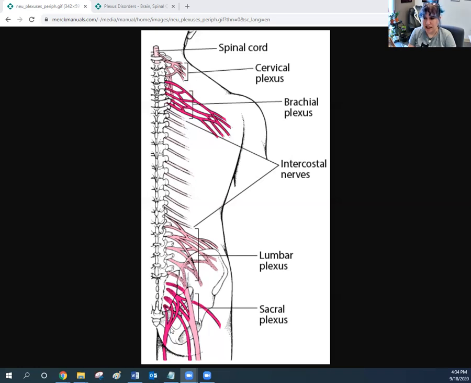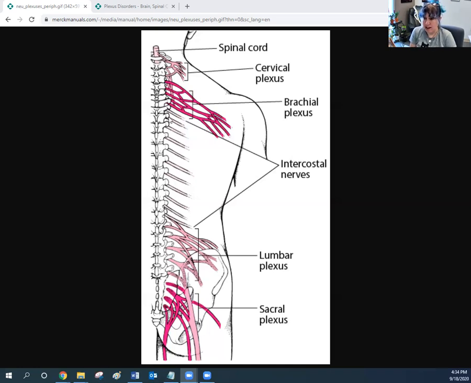The lumbar plexus and sacral plexus primarily serve the legs, so we'll be talking about them next anatomy unit. We'll be talking about the cervical plexus when we talk about the head, and the intercostal nerves when we talk about the thorax. But for now, let's look at this brachial plexus.